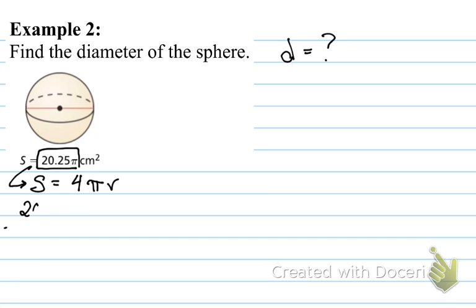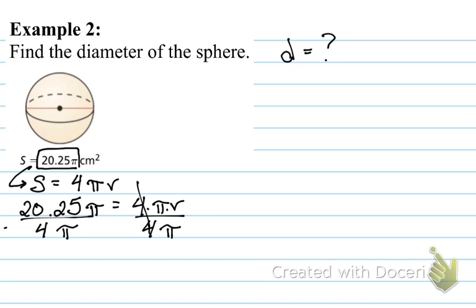So we'd have 20.25 pi equals 4 pi r squared. Again, between the 4 and the pi and the r squared, those are all multiply, multiply, multiply. So let's divide both sides by 4 and pi. 4 divided by 4 is 1, pi divided by pi is 1, so I need to take 20.25 and divide it by 4.